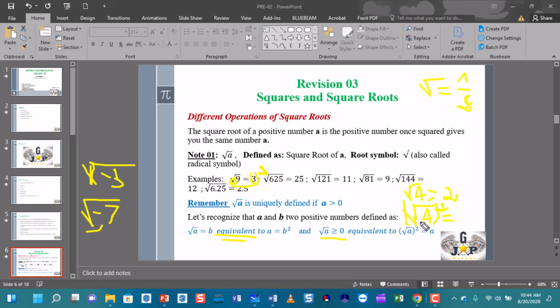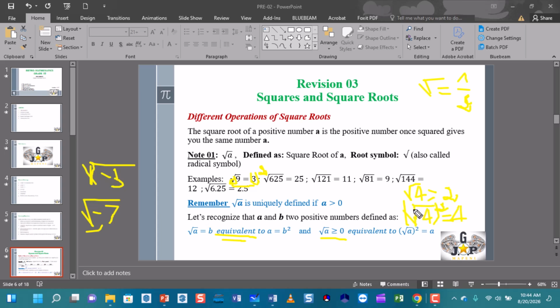So the half of the radical, multiplied by the exponent 2, gives you 1. And any number to the exponent of 1 gives you the same number. That's why the square root of a squared gives you a.